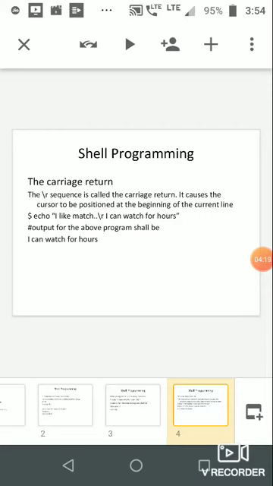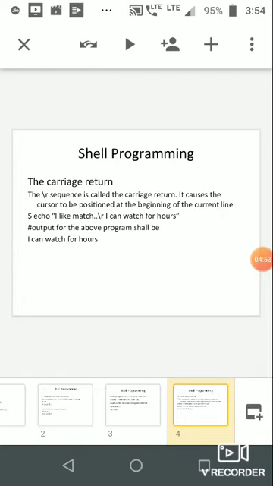This is the portion of the sentence we supplied as input to echo. This is the particular part of the sentence which was written after the carriage return sequence slash r. Only that portion is displayed here.